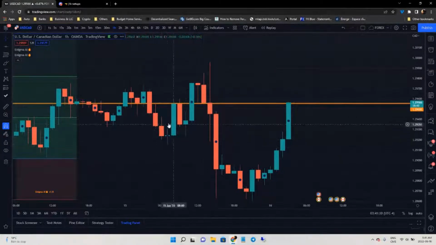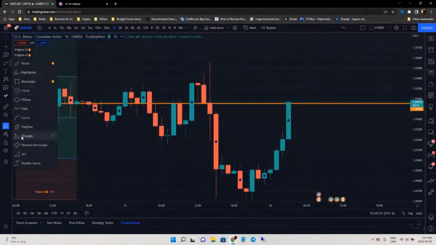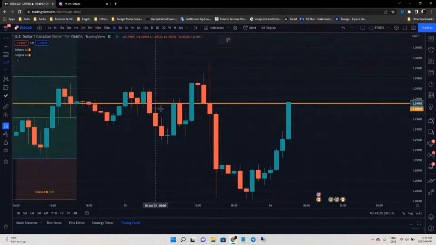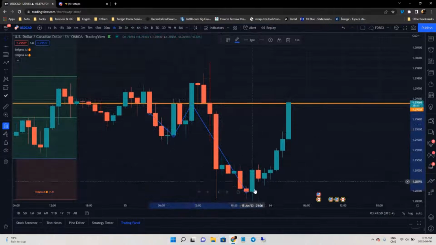I'm just going to show you exactly the pattern that I was looking for. I was looking for a pattern like this, and go back to that line at least, and go back down. That was the pattern that I was looking for.